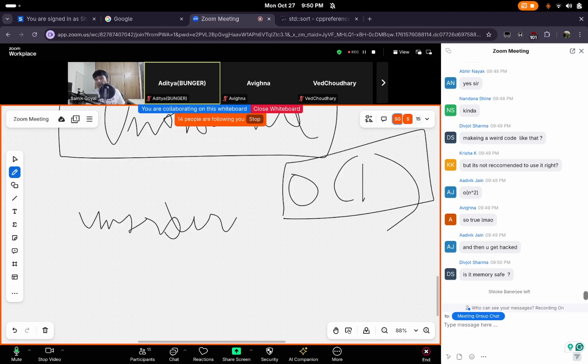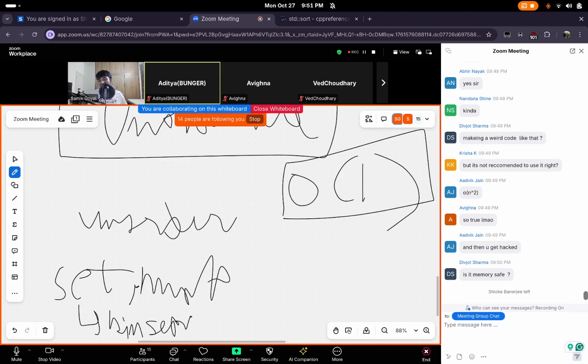And the important difference: the normal set and map, you can binary search in these, and you can also iterate.